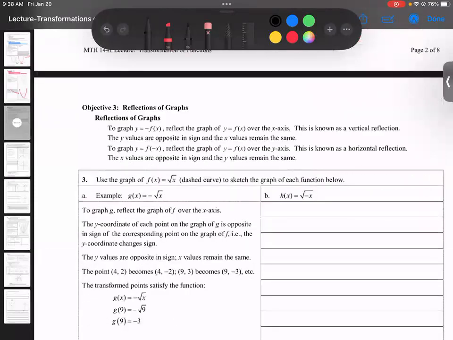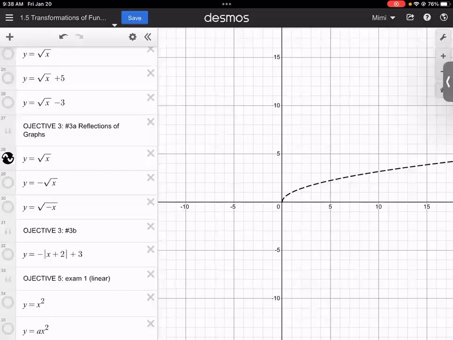Reflection of the graph. Well, that's most of it. So square root of x. If I take y equals negative square root of x, by the way, what does that mean? Is the negative carried from the function or is it separate?